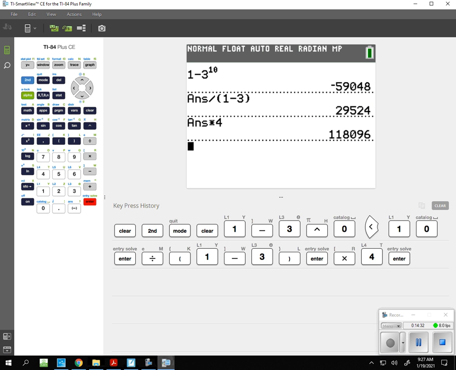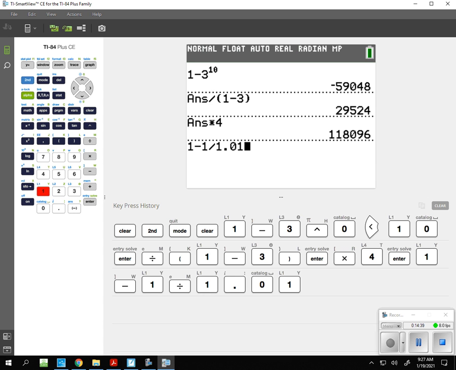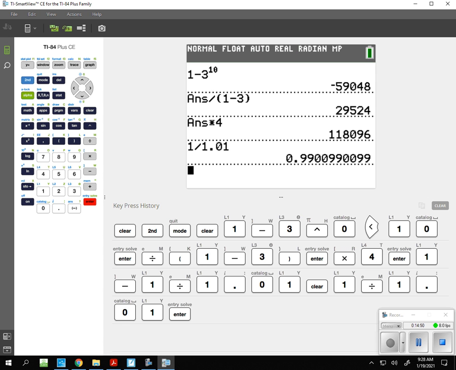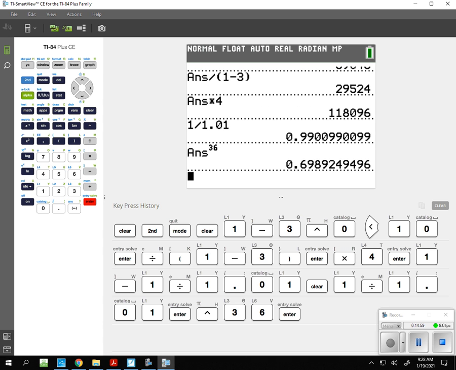So I need 1 minus 1 over 1.01. Let's actually figure out what 1 divided by 1.01 is. Maybe that would be helpful. It's a decimal, so I really don't want that. But let's raise that to the 36th power. And so 1 minus that answer is the top of our fraction.